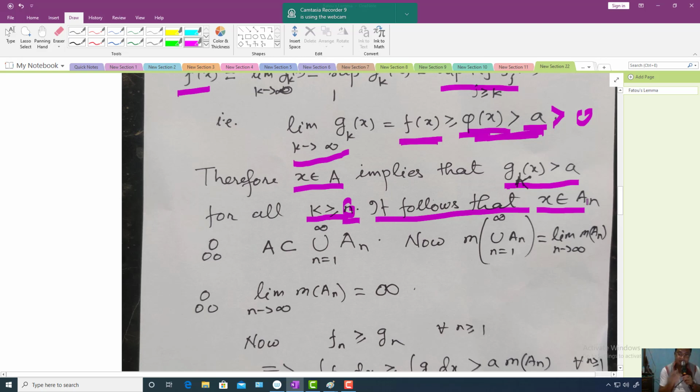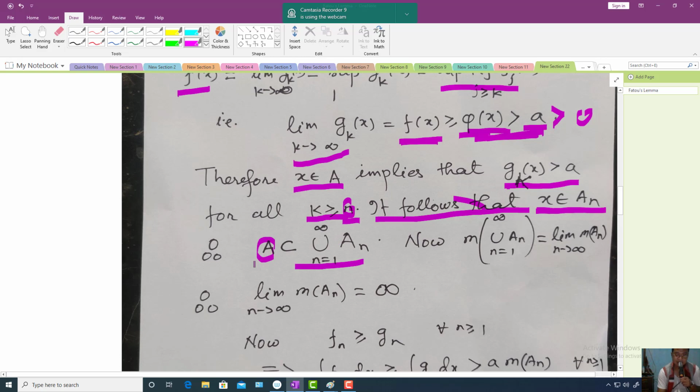According to the definition of A_n, if g_k(x) is greater than a for all k greater than or equal to n, then x is a member of A_n. So whenever you take one element from A, it is going to be a member of some A_n. That means A is a subset of the countable union of A_n, n going from 1 to infinity. You have a sequence of sets which is monotonic increasing, that means A_1 is a subset of A_2, a subset of A_3, like this. You have a sequence of such measurable sets.